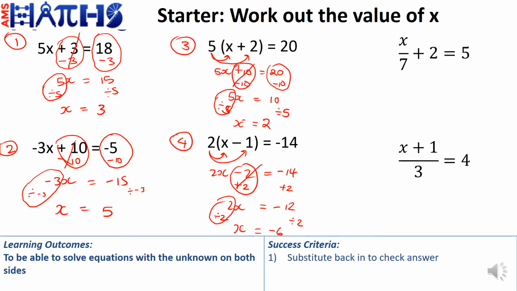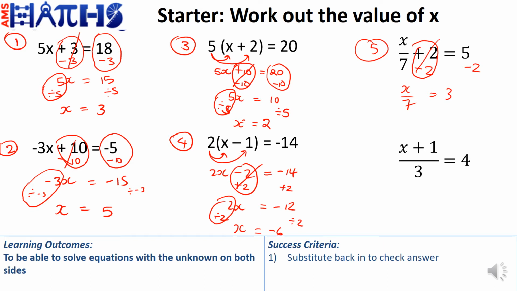For our last two questions, starting with this one, because x is being divided by 7, we're going to let that stay initially. Then we'll get rid of the plus 2, so we'll do a minus 2. We'll have to do that on both sides. 2 minus 2 is 0, so we are left with x over 7, and 5 minus 2 is 3.